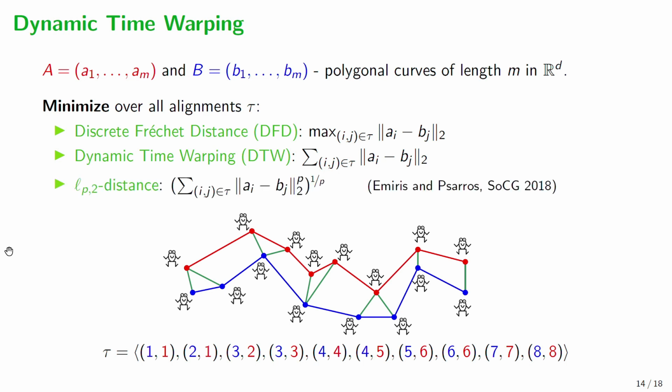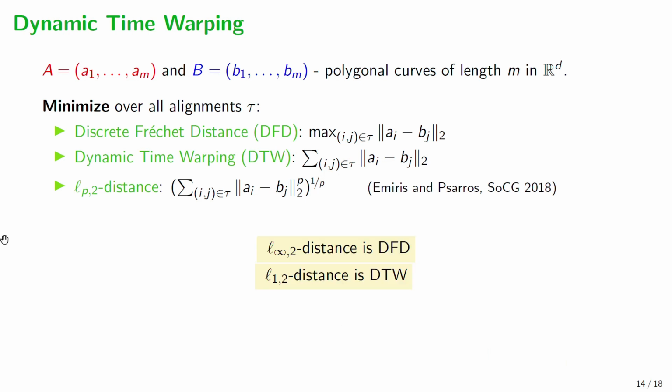More generally, Omrit and Filtser defined the LP distance for curves, which is the LP norm of the vector of pairwise distances in the alignment. Notice that when p is infinity, we get the discrete Fréchet distance, and for p equals 1, we get dynamic time warping.